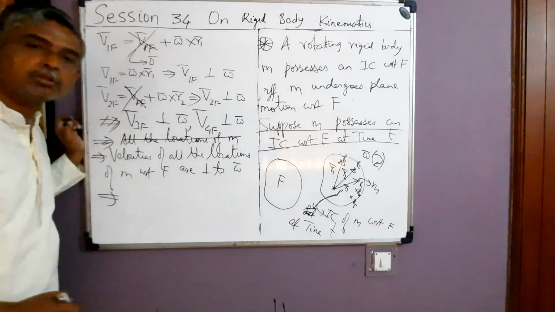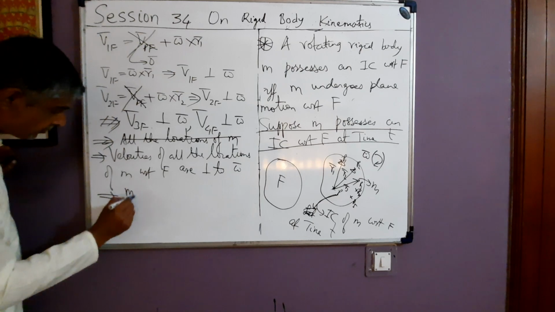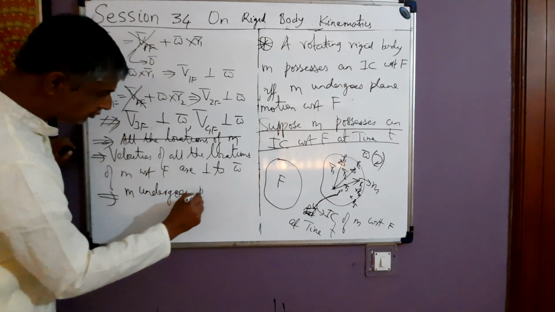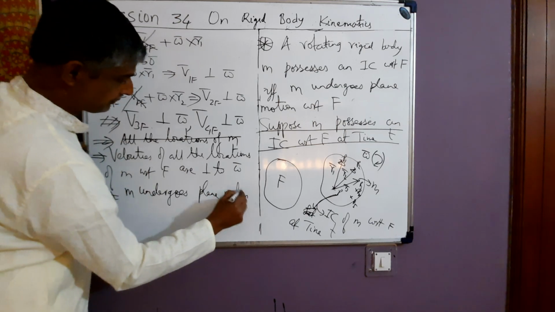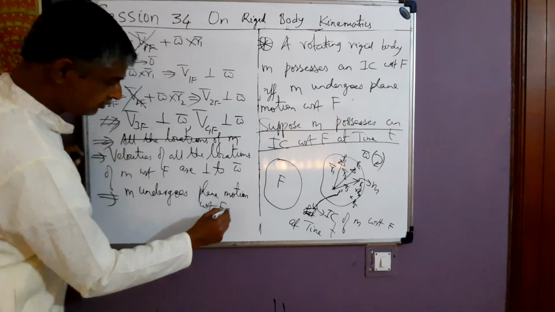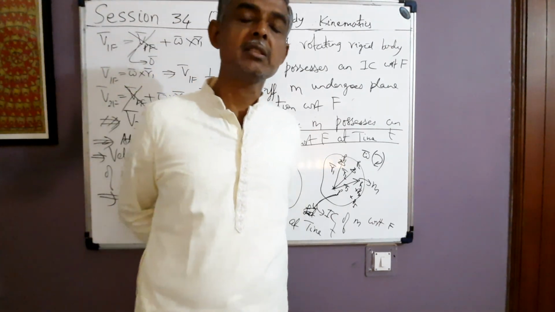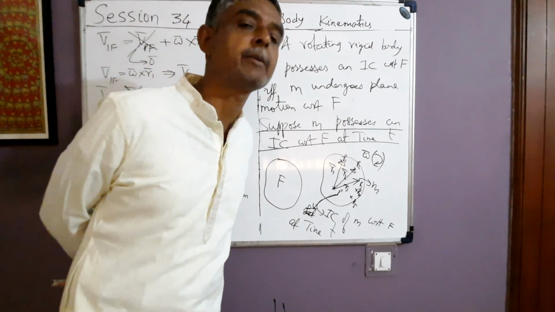So this is the case of plane motion: M undergoes plane motion with respect to F. So we have proved one aspect of the theory. That is, if M possesses an IC with respect to F, it implies M undergoes plane motion with respect to F.